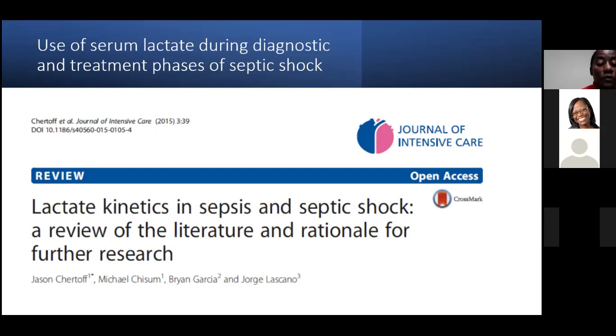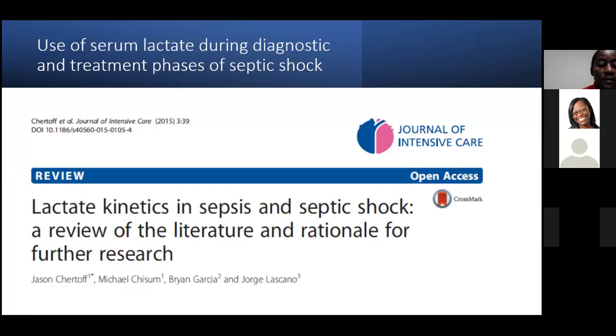You want to do serial measurements, and it has been shown that measuring lactate clearance is a better and more objective marker than absolute figures, because there's always an assumption that increased lactate equals anaerobic respiration, but that may not necessarily be true. When you're looking at clearance, remember lactate is cleared in your liver, so it gives a more objective marker.